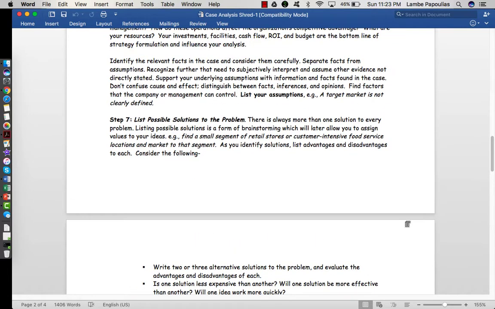Step 7, list possible solutions to the problem. There is always more than one solution to every problem. Listing possible solutions is a form of brainstorming which will later allow you to assign values to your ideas. For example, find a small segment of retail stores or customer-intensive food service locations and market to that segment. As you identify solutions, list advantages and disadvantages to each.